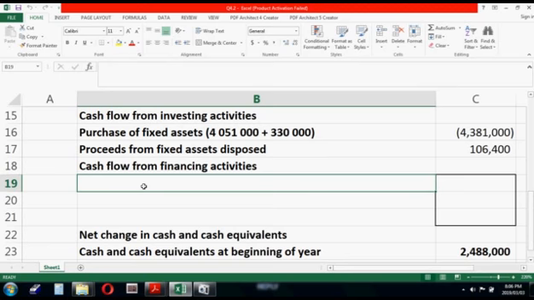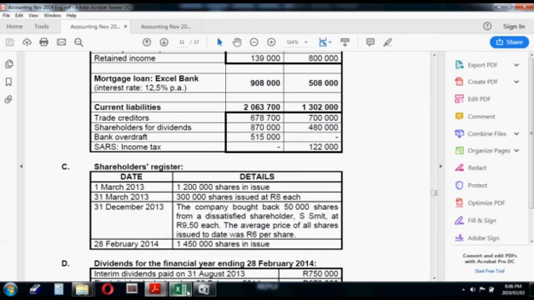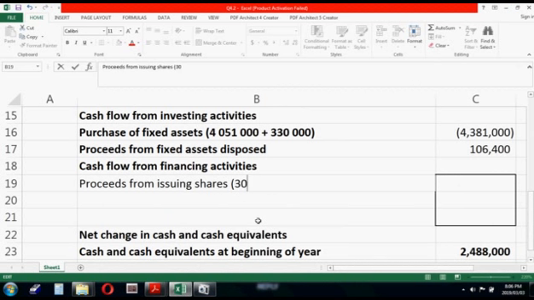So we have proceeds from issuing shares, and as indicated, it is the 300,000 shares times 8 Rand.